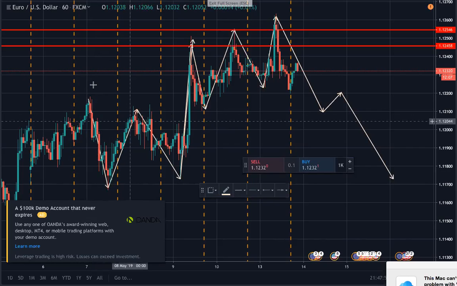What else they call it? They call them flags. Like it looks like a flag. See, looks like a flag. And then it continues to go up. So this zone right here is called a pullback.